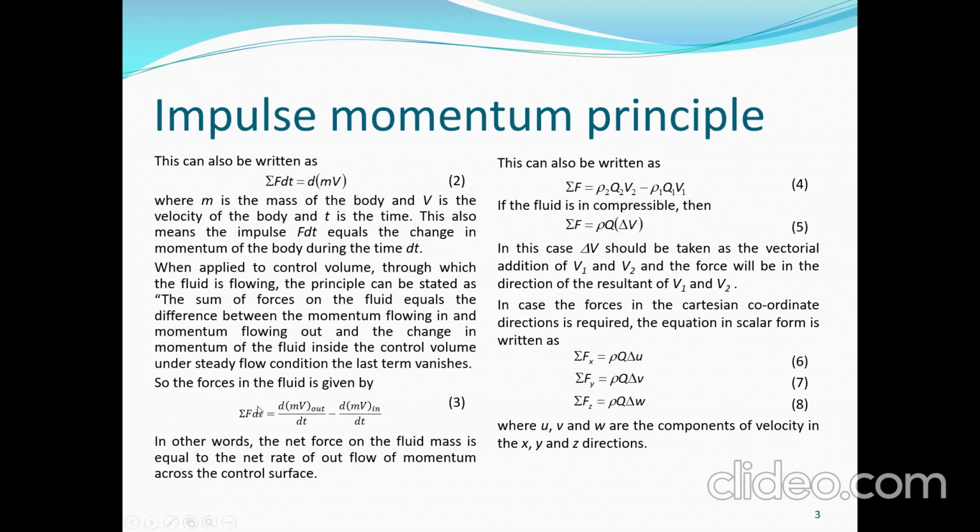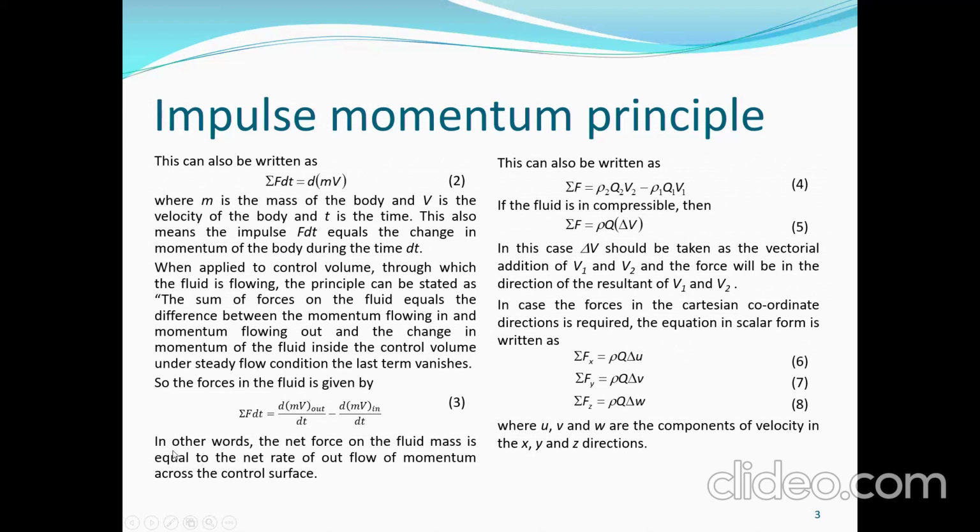So the sum of forces on the fluid is given by the derivative of mv out with respect to t minus the derivative of mv in with respect to t. What vanishes here is the change in momentum of the fluid inside the control volume under steady flow condition, since it is steady flow.